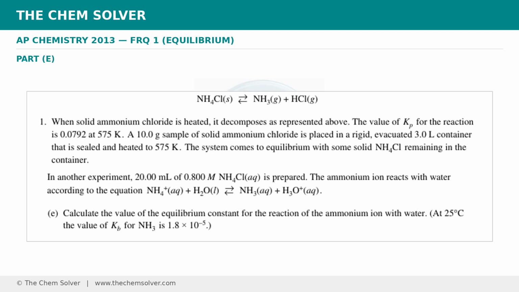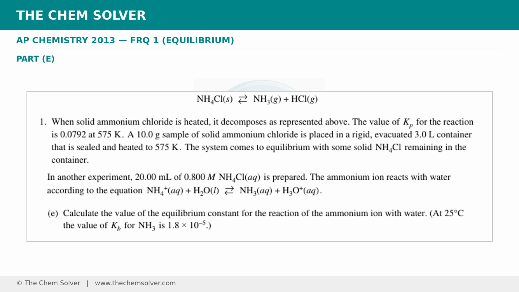In another experiment, 20.00 milliliters of 0.800 molar NH₄Cl is prepared. The ammonium ion reacts with water according to the equation NH4+ + H2O in equilibrium with NH3 + H3O+. Calculate the value of the equilibrium constant for the reaction of the ammonium ion with water.